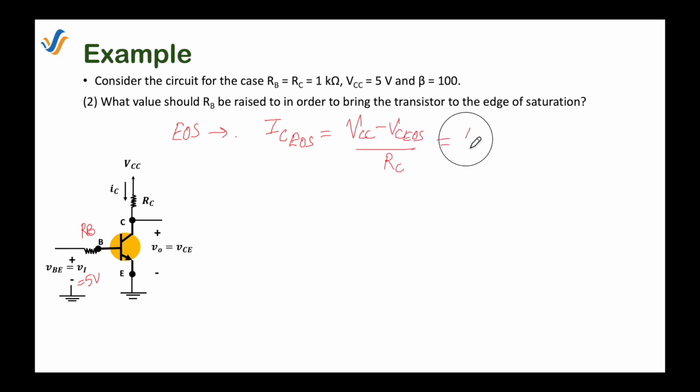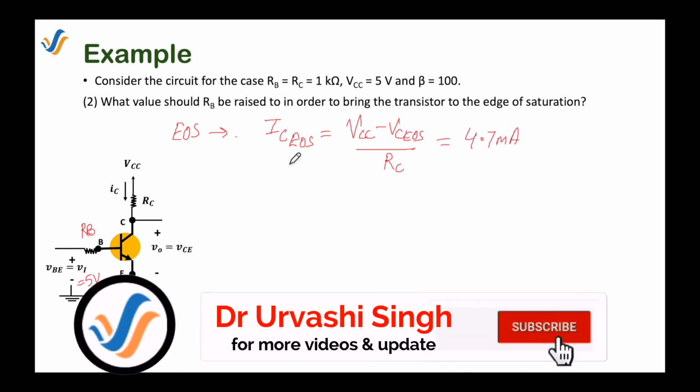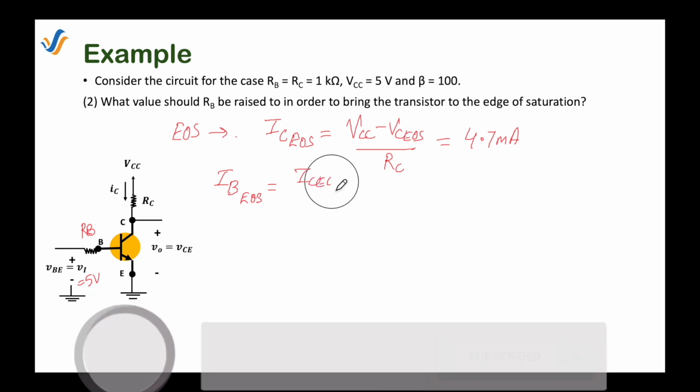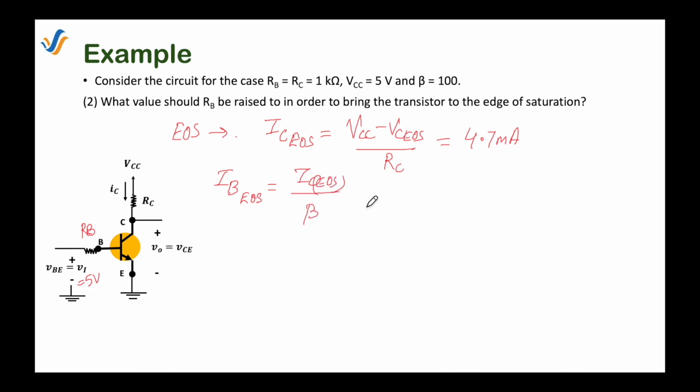So it is 4.7 milliampere, and using this we know the base edge of saturation current is IC EOS upon beta. Putting the value, 4.7 times 10 to the power minus 5 ampere.